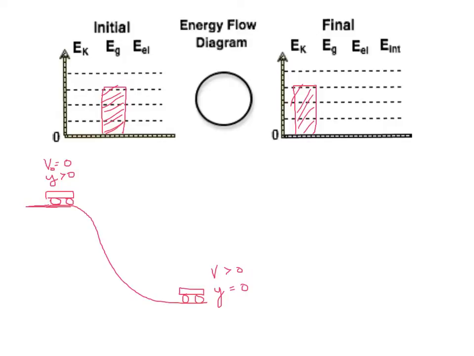However, if you're saying in this scenario that we do have friction present, and there is some interaction of the wheels with the ground and the cart itself, then you might say not all of the original gravitational potential was able to become energy kinetic. Some of this became energy internal.